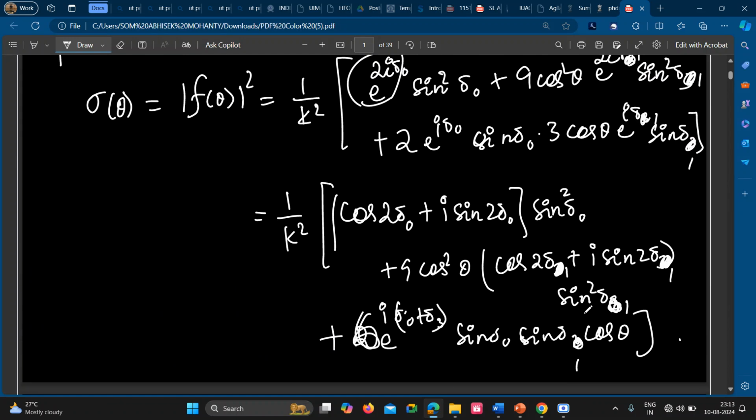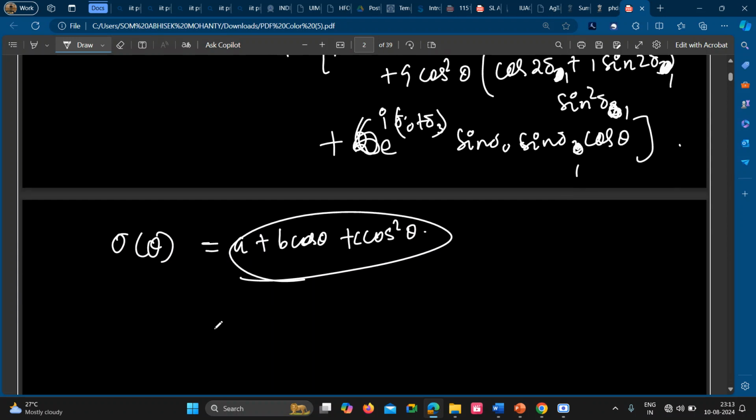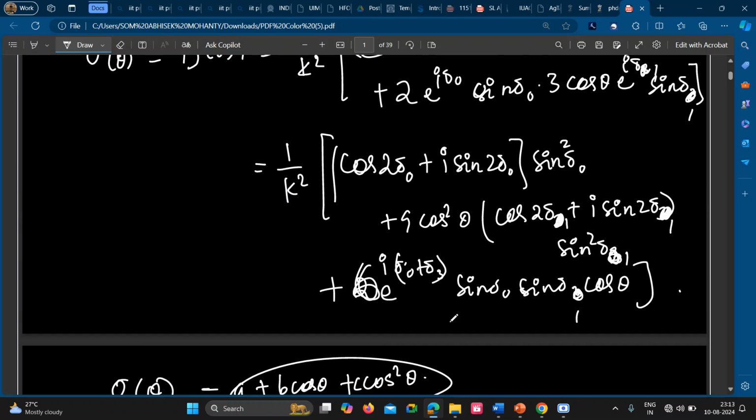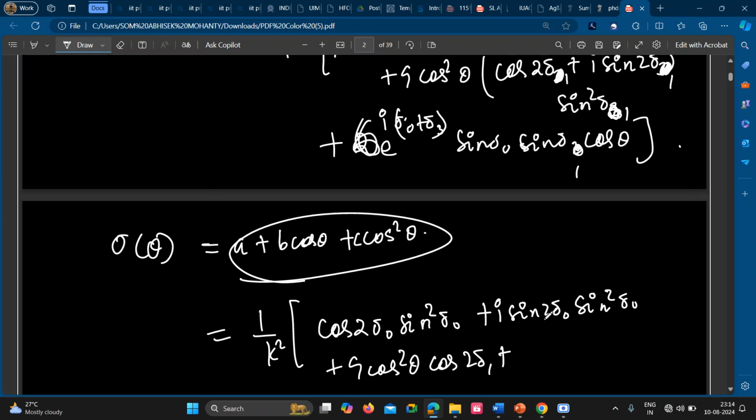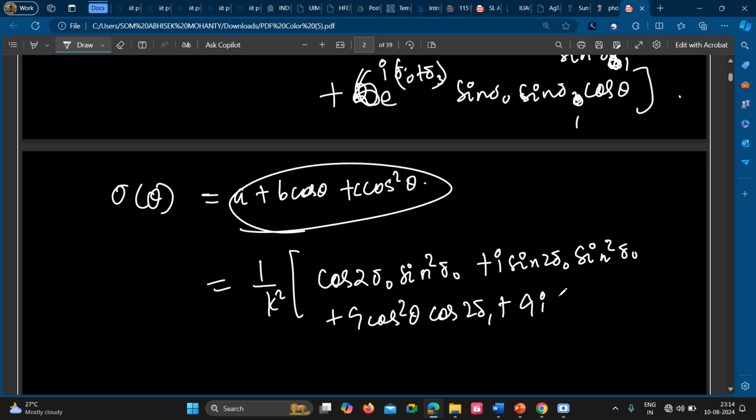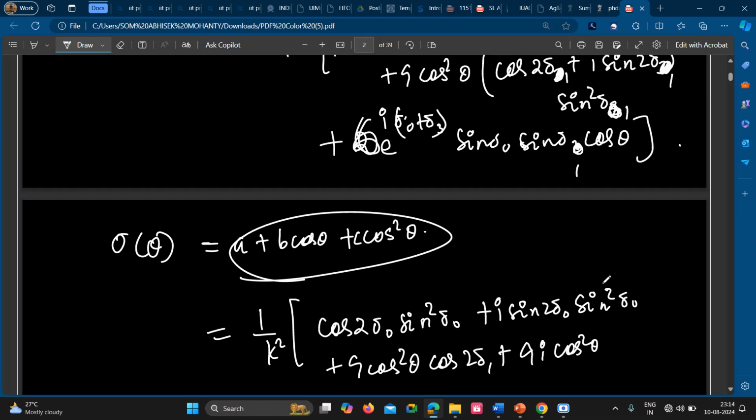Okay, so what will I do here? I will have to multiply everything now. So 1 by k square, cos 2 delta 0 into sine square delta 0, plus i sine 2 delta 0 into sine square delta 0, plus 9 cos square theta into cos 2 delta 1, plus 9 into 9 cos square theta into sine 2 delta 1.